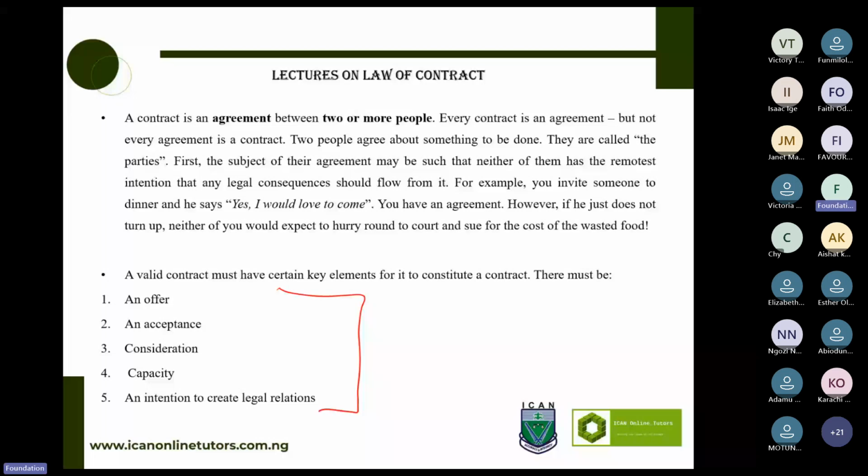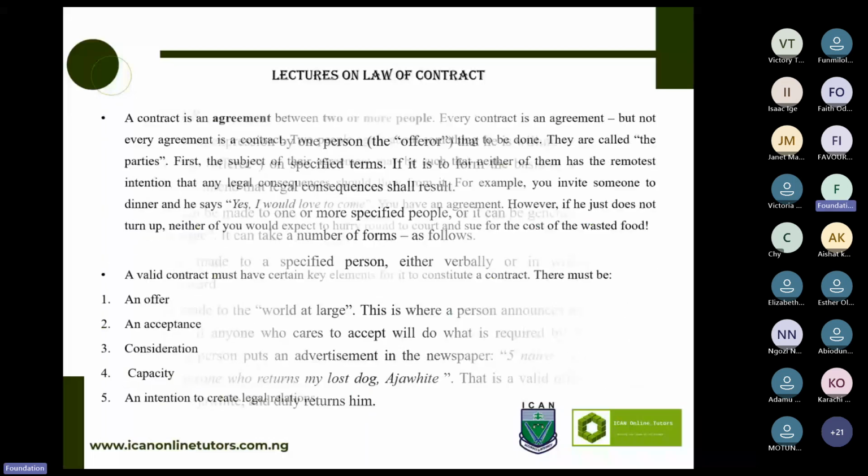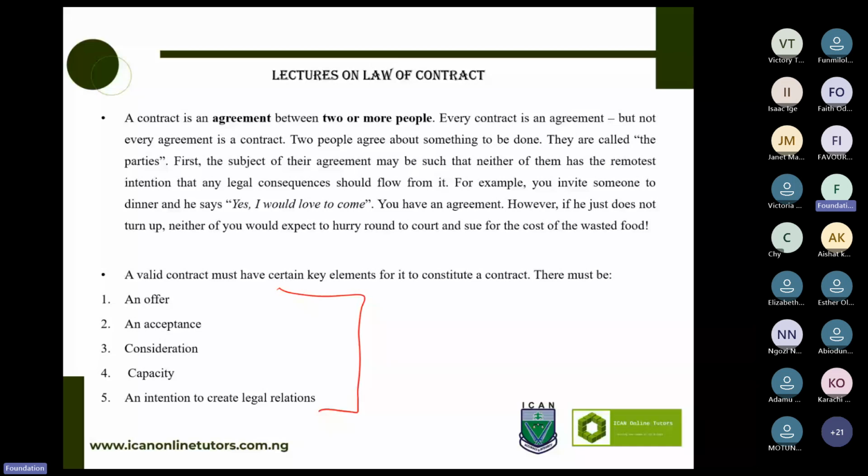So let's start with an offer. We want to define what an offer is. But before we go into the full definition, offer simply means an expression.